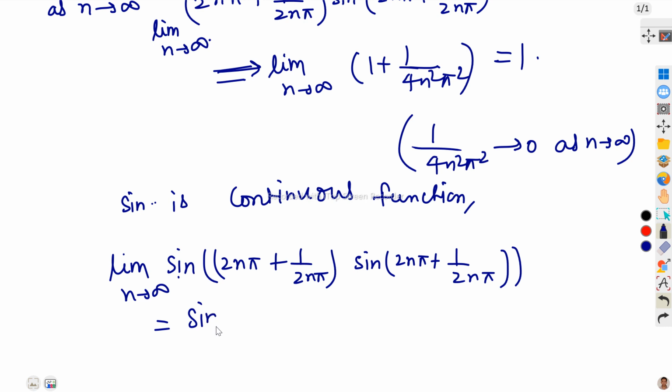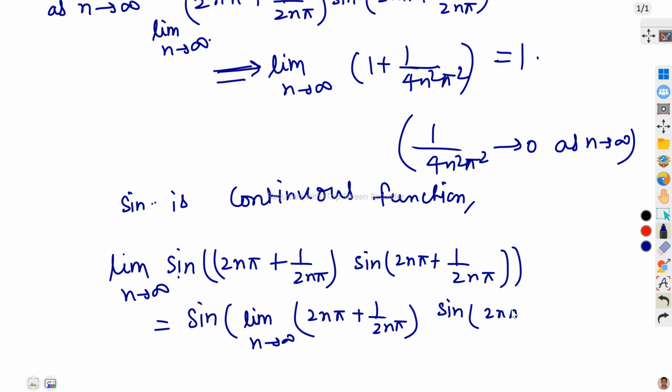So sine of the limit as n tends to infinity of (2nπ plus 1 upon 2nπ) times sine of 1 upon 2nπ.